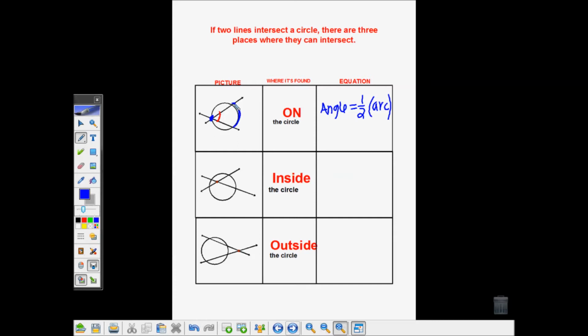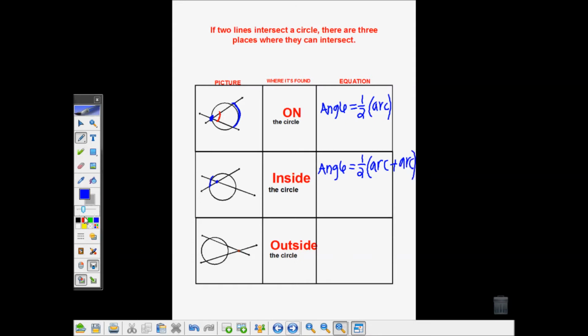Next, another formula, this time for when they intersect inside the circle. Your formula: the angle equals 1/2 times the arc, so this arc right here, plus the other arc.